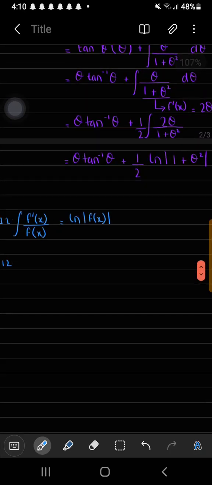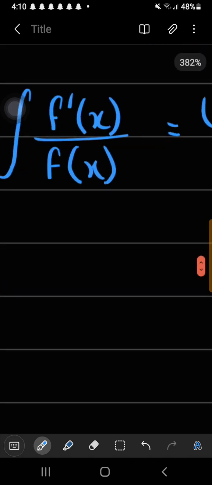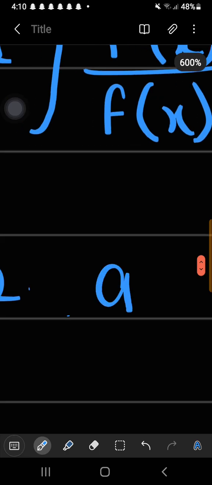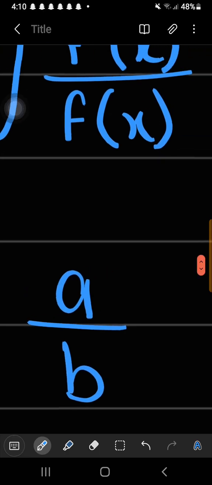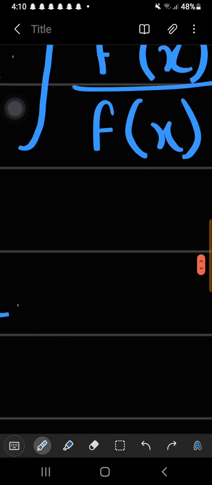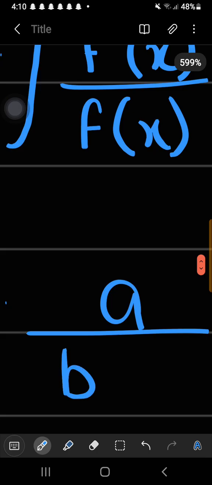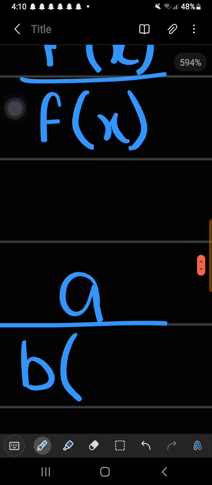Okay, so let's move ahead to the 12th one. The 12th is like this. If we have something, a upon b, times, let's write it, 7 minus theta.